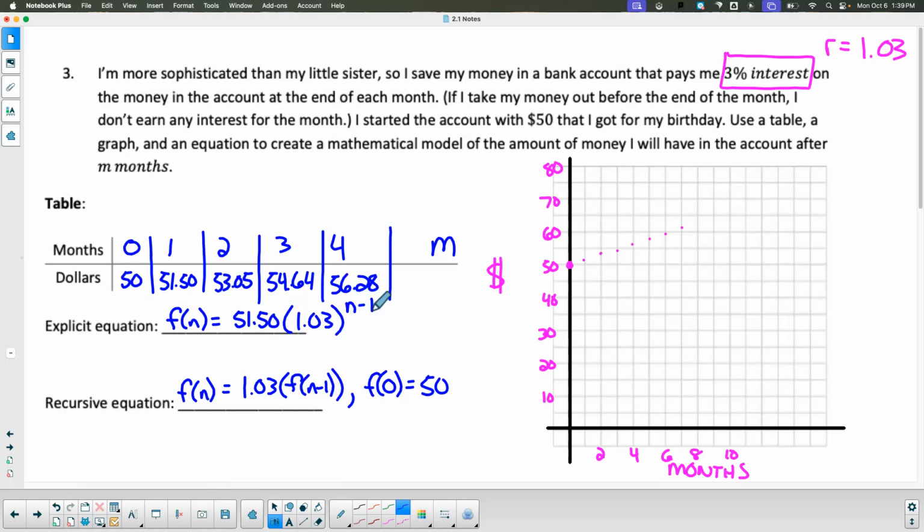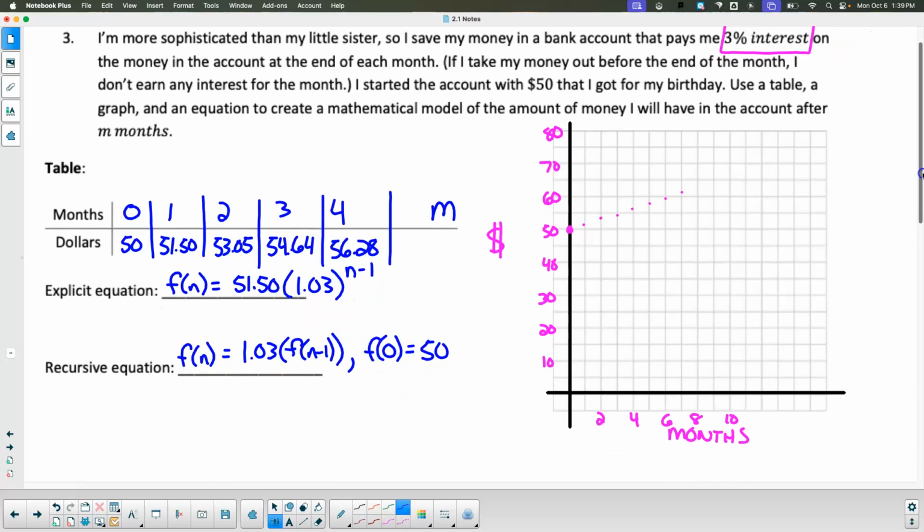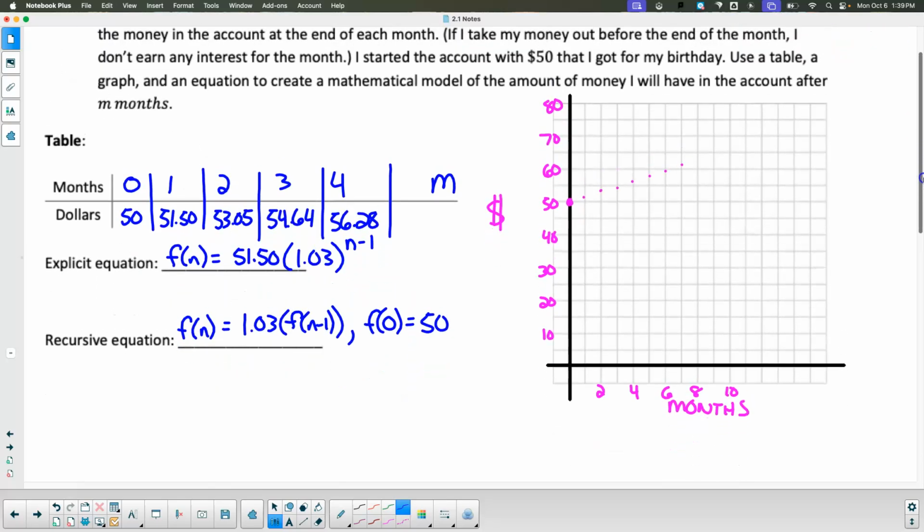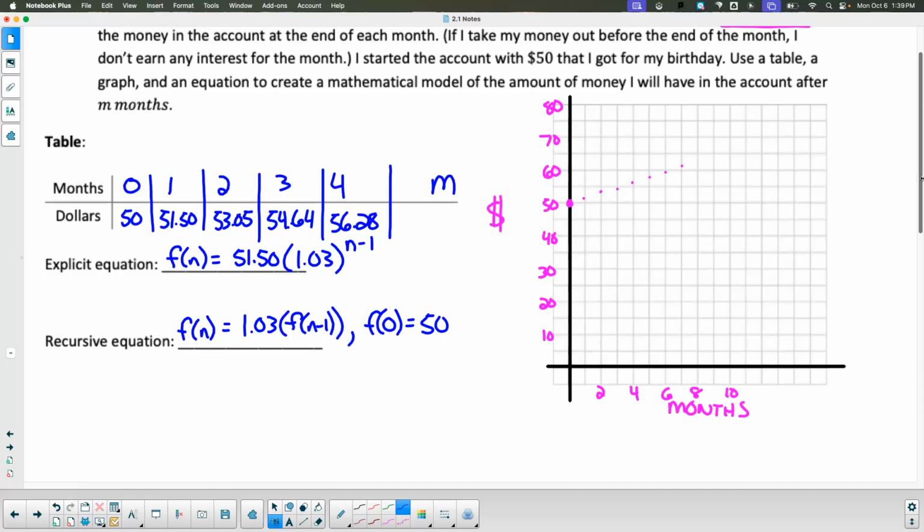Or we could have gone 50 times 1.03 to the n power. Does everybody have those three written down with everything that they need? Because now we're going to contrast and compare them on the next one.